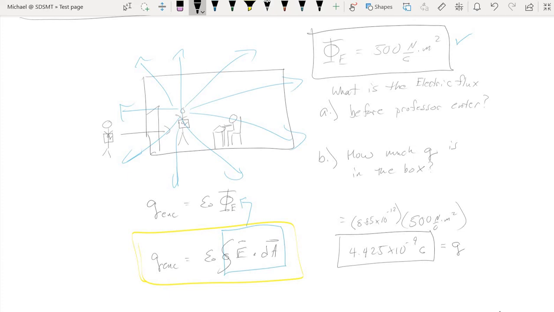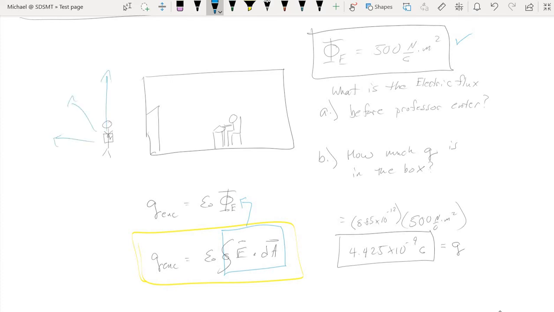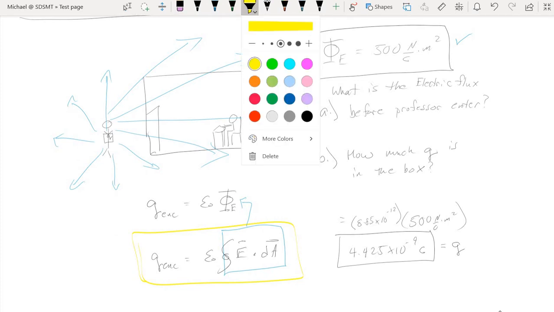So what was the electric flux before your professor entered the room? Well, now we need to take that box of charge back outside of the room and consider the electric field lines that charge is producing. What do you notice about the field lines as they interact with the room?